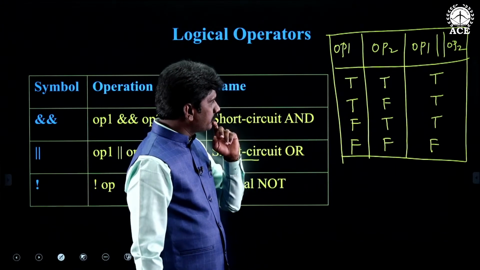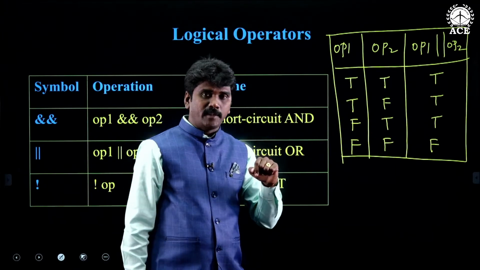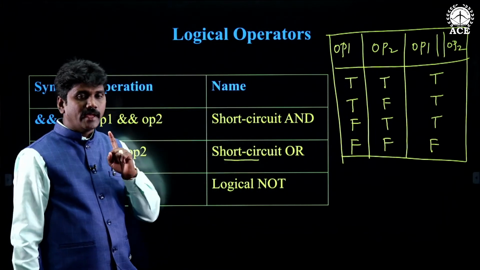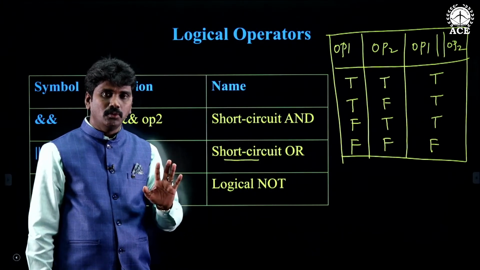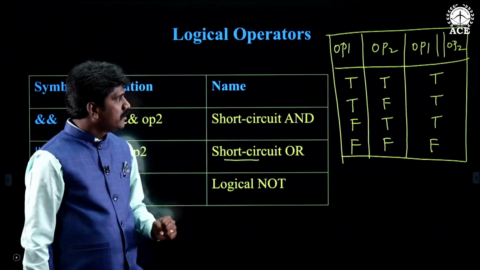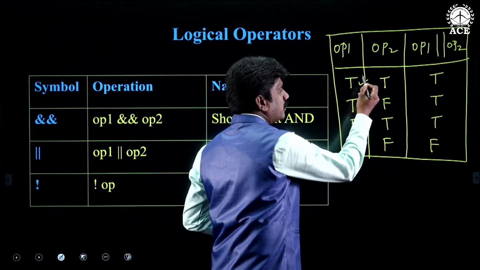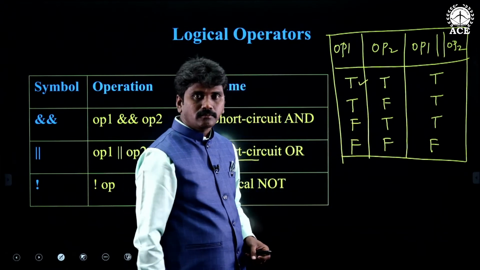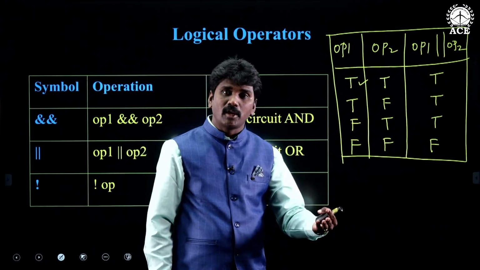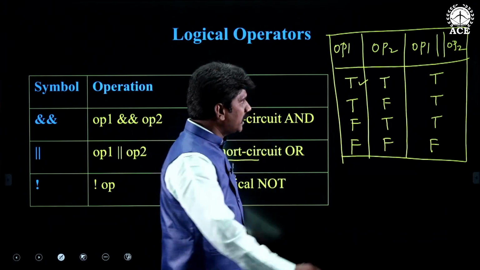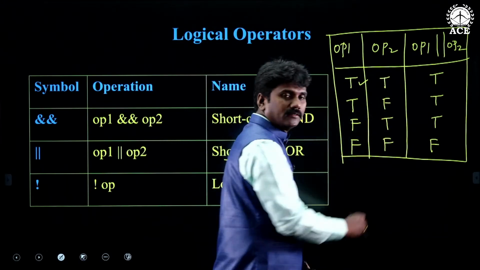So here, as per the or statement, if any one operand is true, then the result is true. So if it checks that the first one is true, the result is going to be obviously true itself, so it will not check the second one.